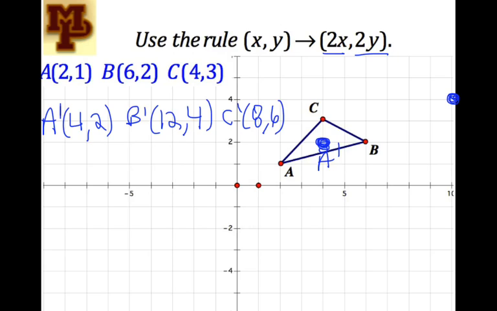That's alright, we'll pretend it's on there. And then C prime, 8, 6. Okay, and you can imagine then that the whole image is twice as big as it was. So all the lengths of the sides are twice as big.